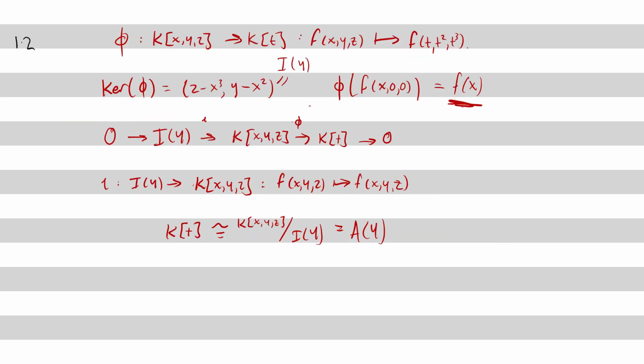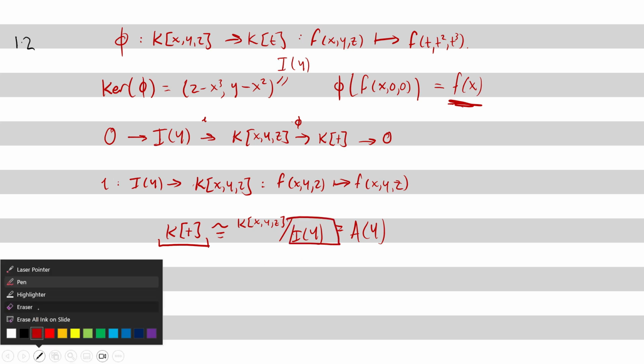Now, an ideal of a particular ring is prime if and only if its quotient ring is an integral domain. k[t] is an integral domain, therefore I(Y) is a prime ideal.